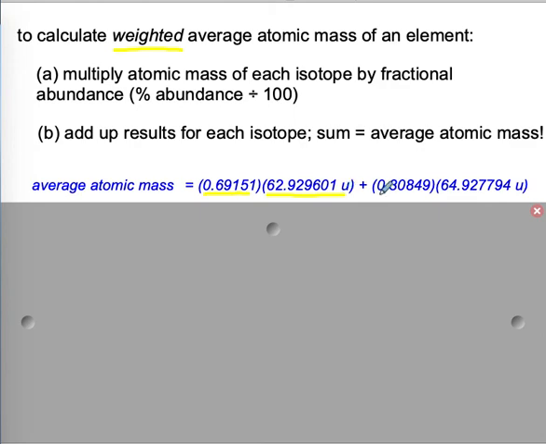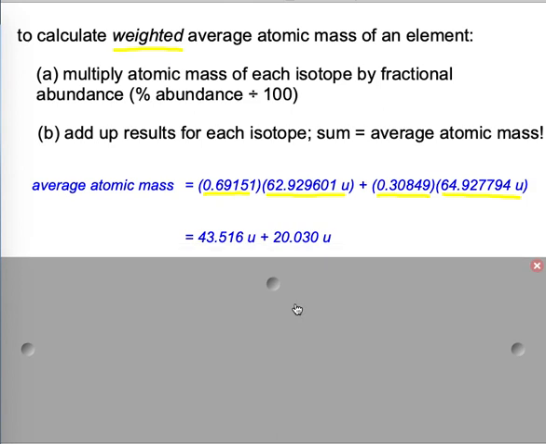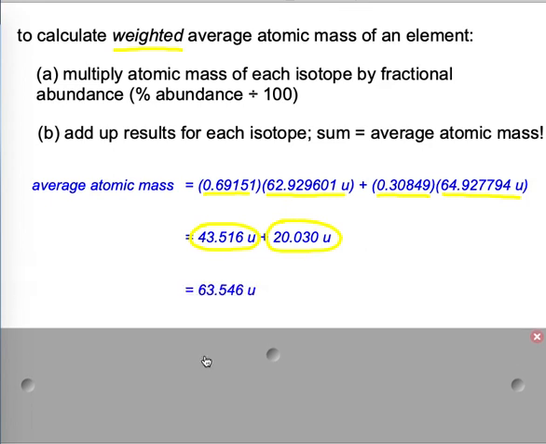I take the relative abundance of copper-65, expressed as a fraction, multiply by its atomic mass, and I get 2 numbers. The first term is the contribution of copper-63 to the overall average. The second term is the contribution of copper-65. I add them together, and I get 63.546 U, which is the value you see in the bottom of the box in the periodic table.